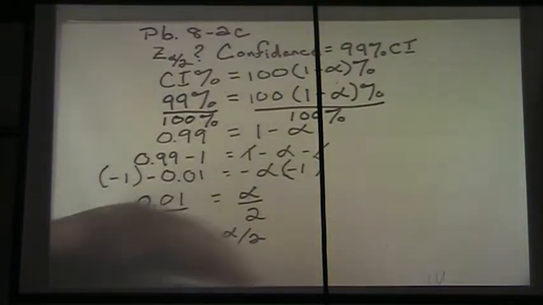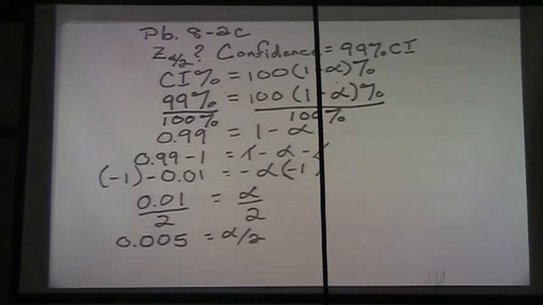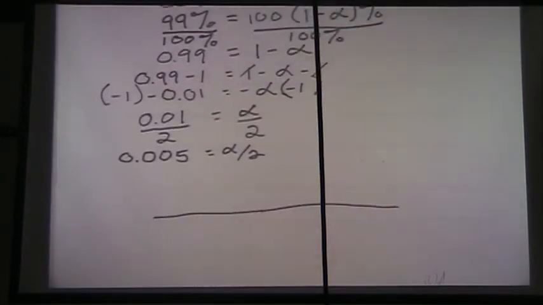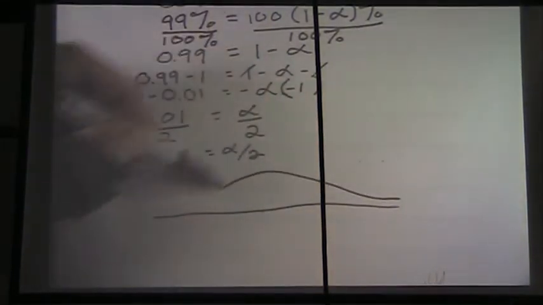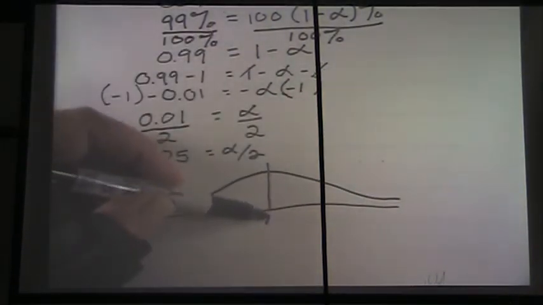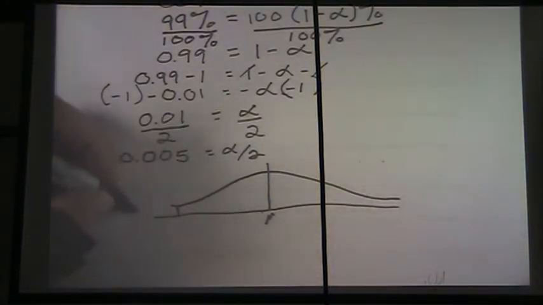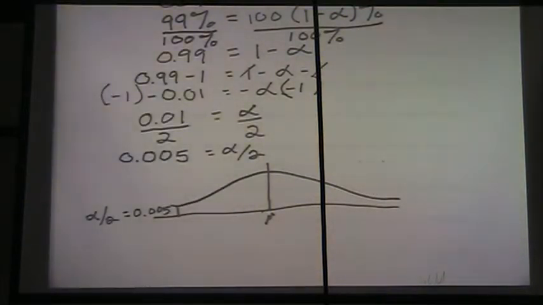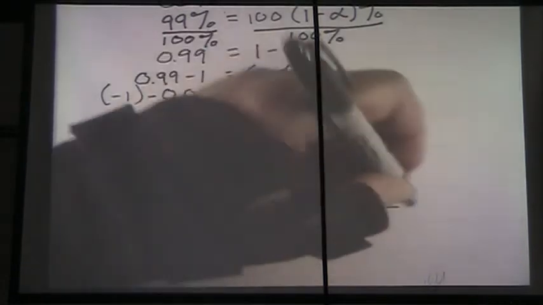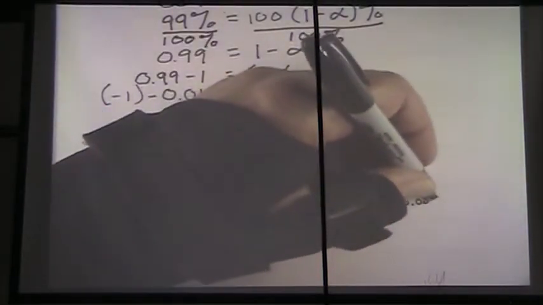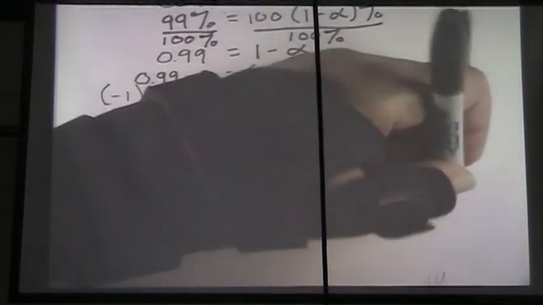Now, once again, because we're working in the normal distribution, that means I am going to exclude this 0.005 probability, and I'm going to exclude this 0.005 probability.